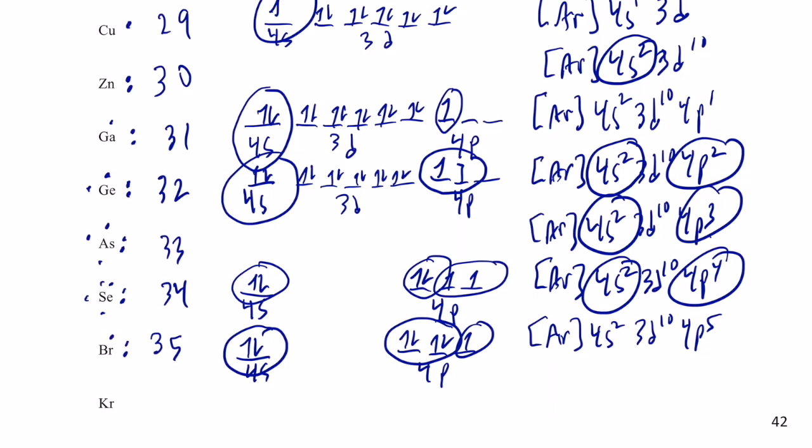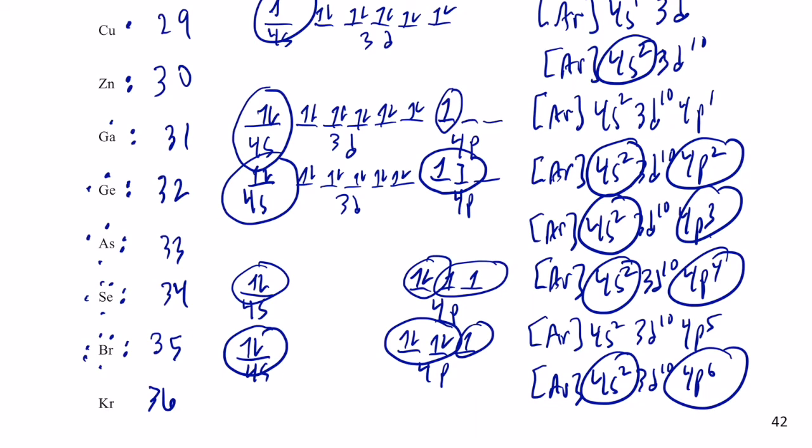And then krypton, atomic number 36, is argon, 4s2, 3d10, 4p6. You can see I'll have a pair in my valence and 3 more pairs. So 4 pairs altogether around krypton.